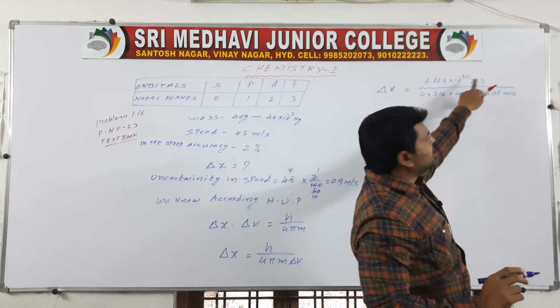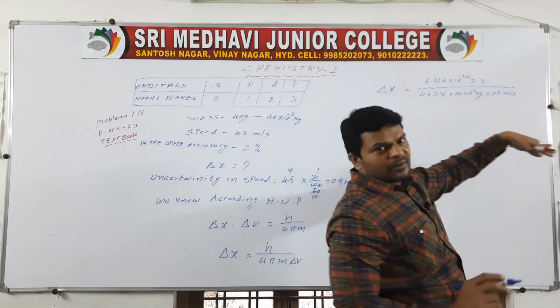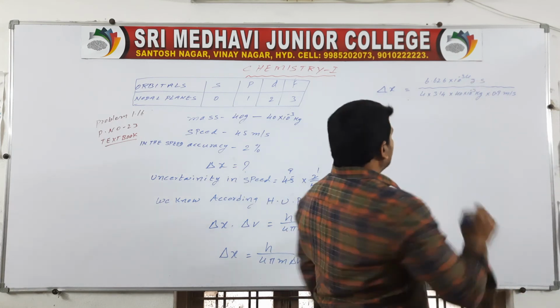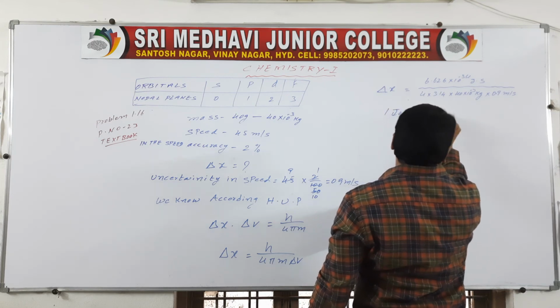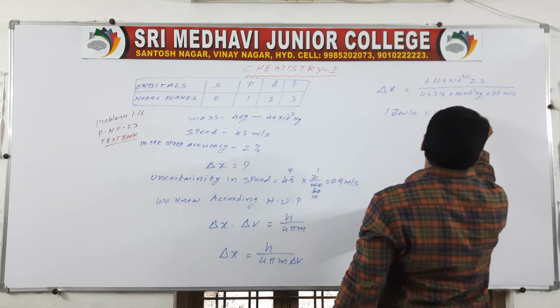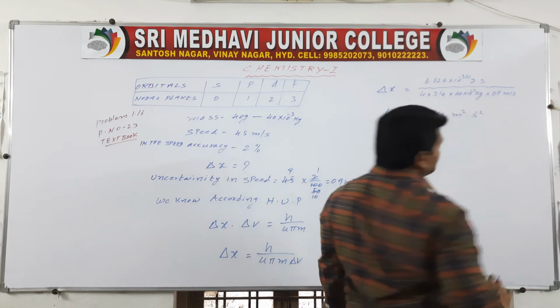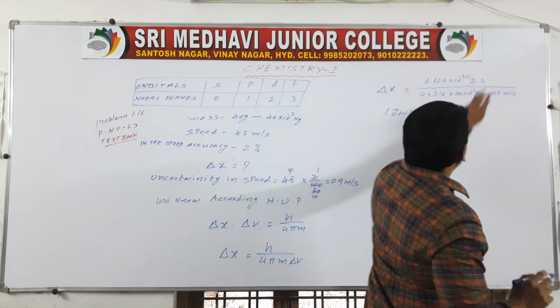Now it is given in joules, so you have to convert it into kg. 1 joule equal to kg meter square second minus 2, I am writing in the place of joule.